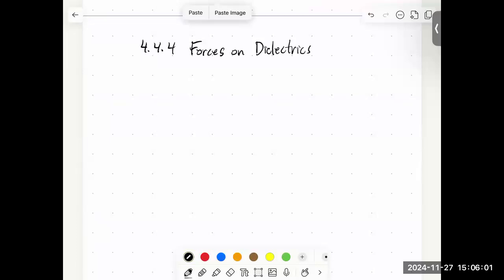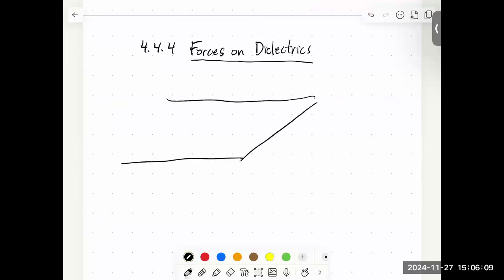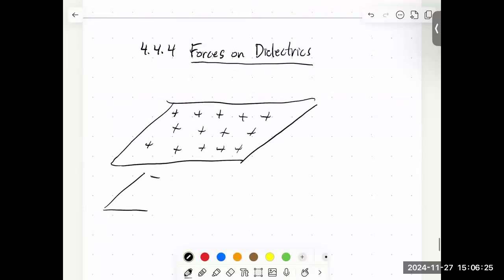All right. So what I want to imagine is that we have a capacitor. And so I'm going to try to draw this to the best of my ability. We'll put positive charge on the top plate and negative charge on the bottom plate. But what I'm going to do is put a dielectric partially inside this capacitor.